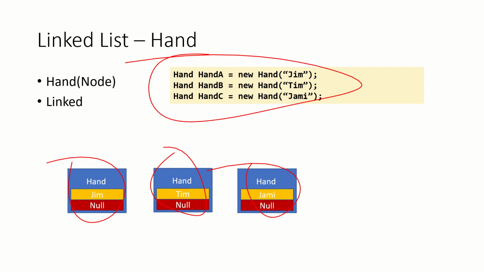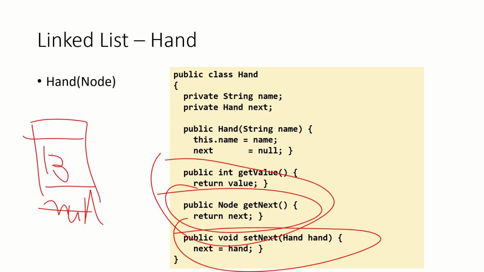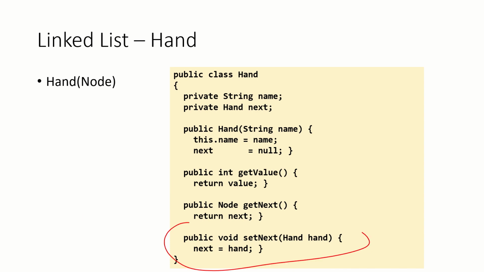How do we link them together? How? Look at this code. How do we link them together? Set next, right?